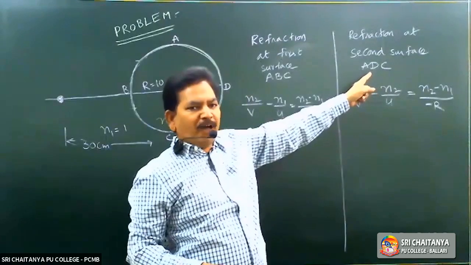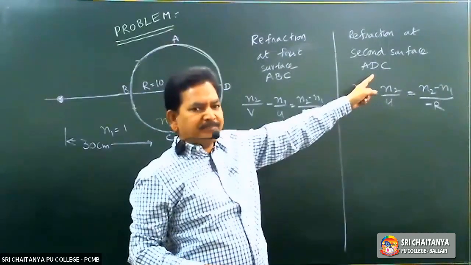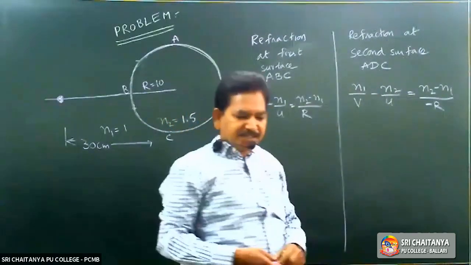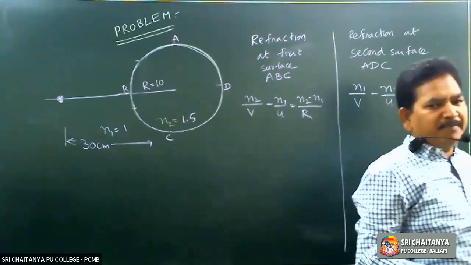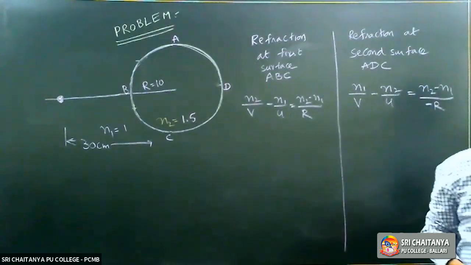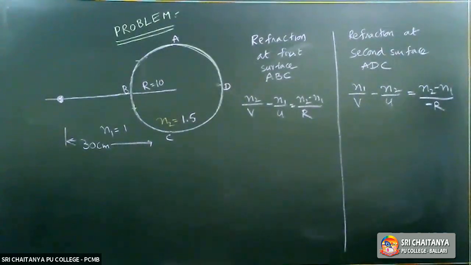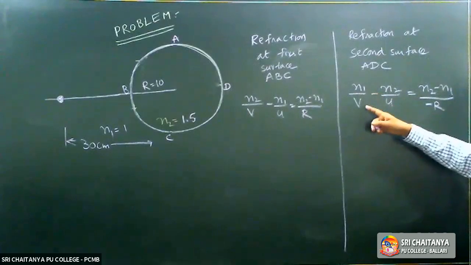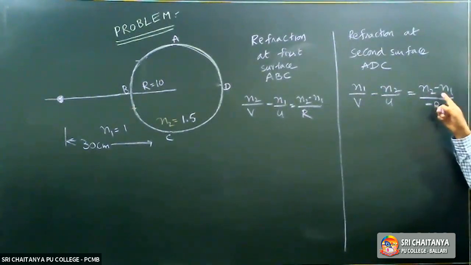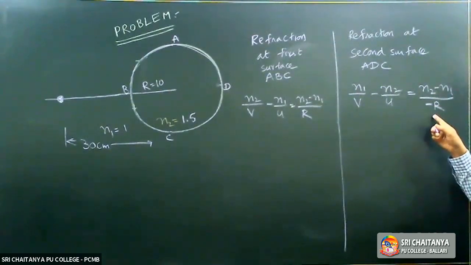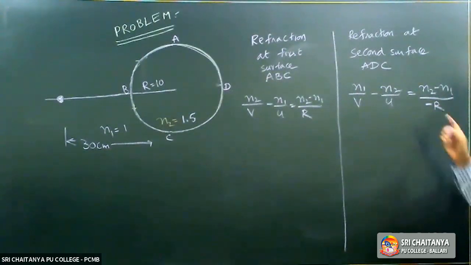Final image will be formed due to the entire sphere, because at the second surface the light ray is traveling from denser medium to rarer medium. Then we have to use N1 by V minus N2 by U is equal to N2 minus N1 by minus R.